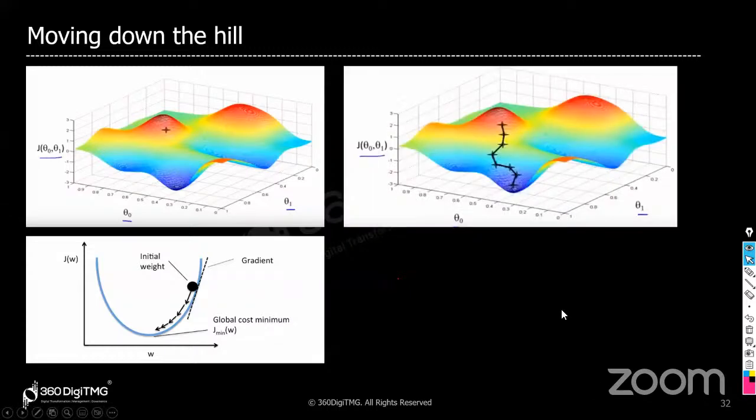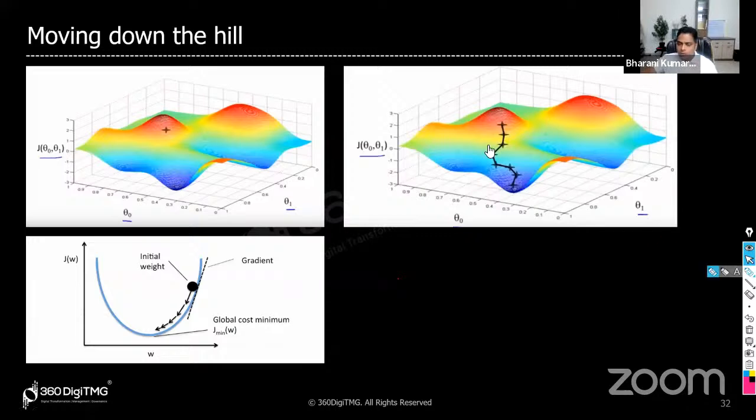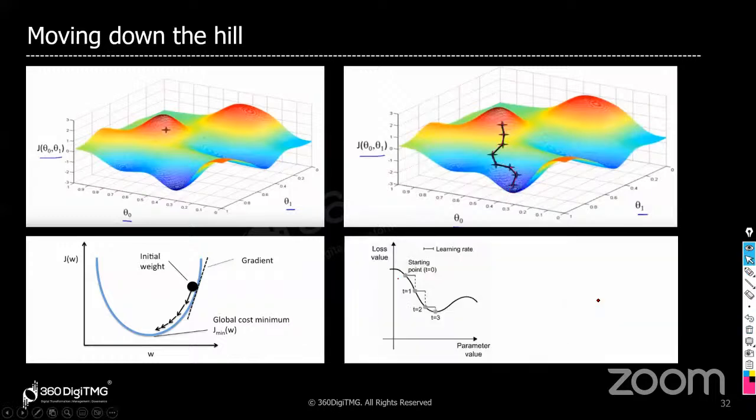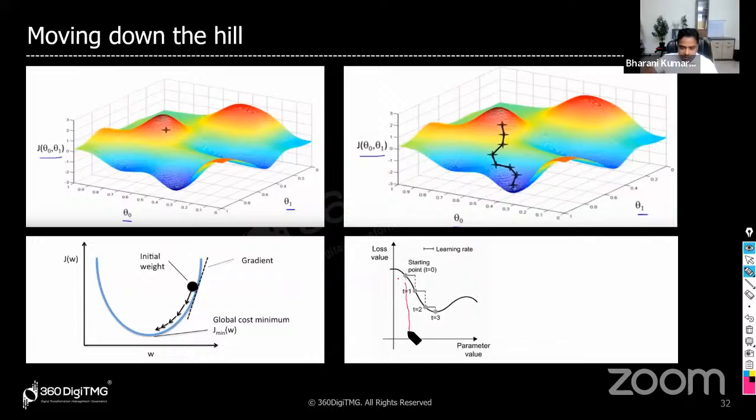Okay. If the weights are randomly initialized here, then slowly it will move down and come down the surface. So, at time period 1, say this is your weight and this is your loss.